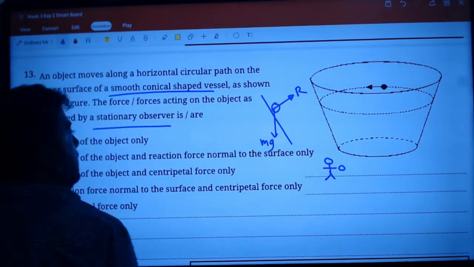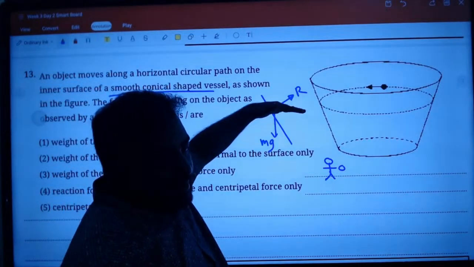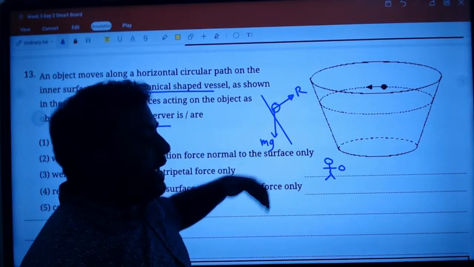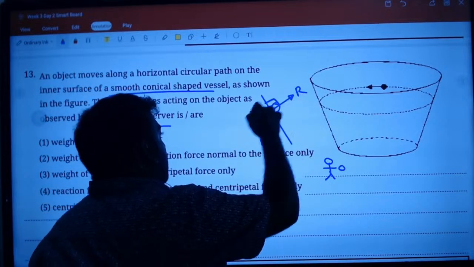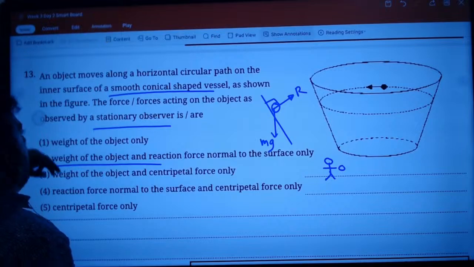What will he see? He will see normal reaction, weight. That's a different story. The component is giving centripetal force. But the forces you can see are the weight of the object and the normal reaction force. Correct answer, answer number 2. 13, answer number 2.